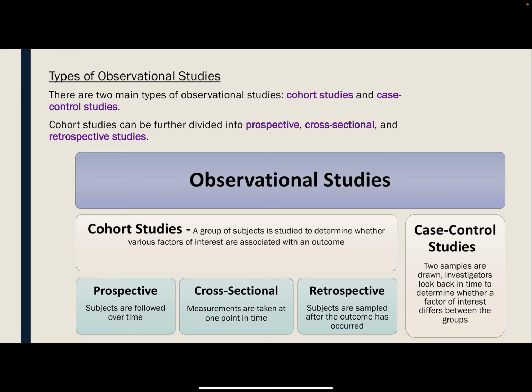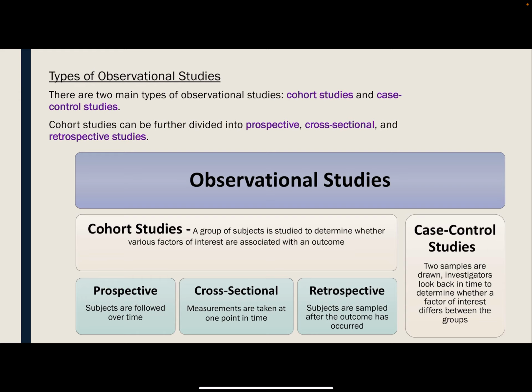Cohort studies mean that we have a group of subjects and we're studying whether or not various factors are associated with some kind of outcome. In a prospective study, we would choose the subjects first and then we would follow them through time. So say we wanted to look at how preschool education affects high school graduation rates.